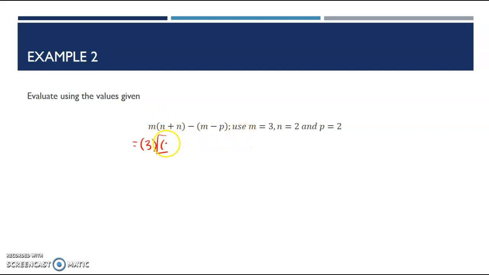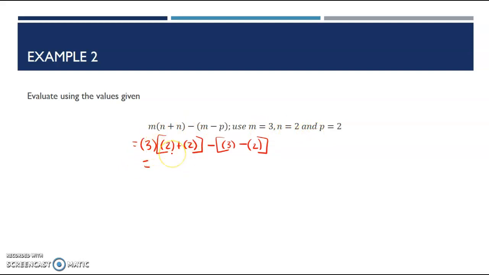My n is 2, so parentheses 2 plus and then 2. And then I'm going to close my bracket. Minus, again, I'm going to use brackets. 3 minus 2. And I didn't come up with these problems, so I don't know why both n and p are 2, but that's what they chose, so that's what we go with.